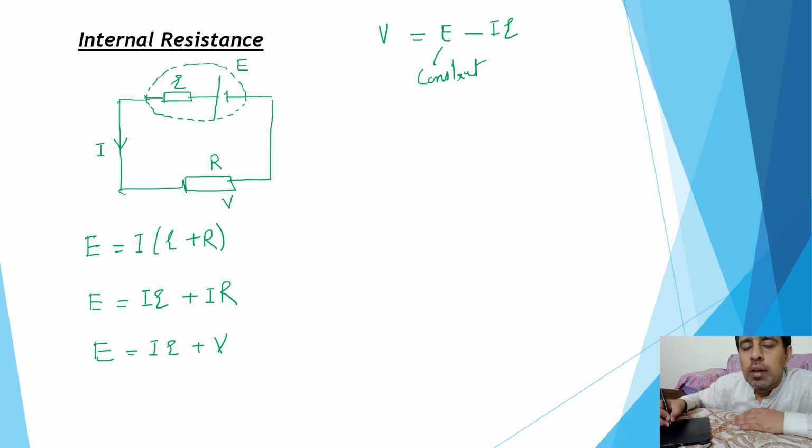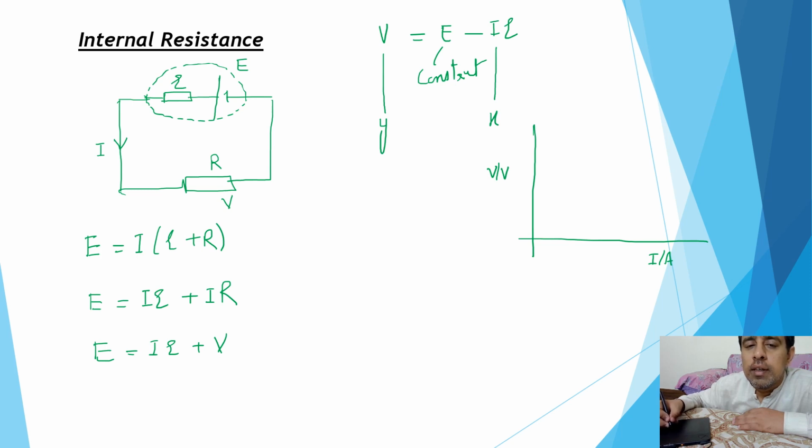So, if we check the relationship by using a graph, we have current on the x-axis and voltage on the y-axis.